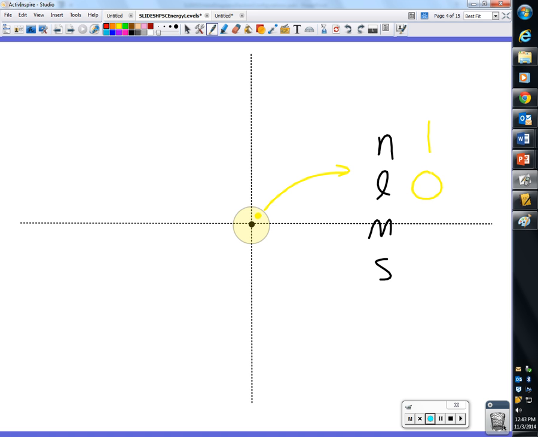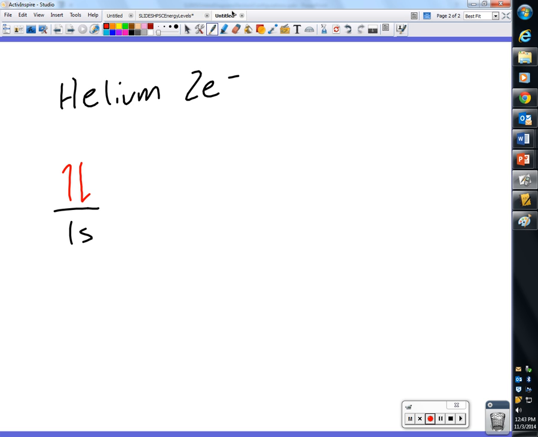This is the first place where we're likely to find electrons. It's the first principal energy level. It's an s sublevel, right? That's lower energy, right? This line with the 1s underneath it represents that yellow sphere.